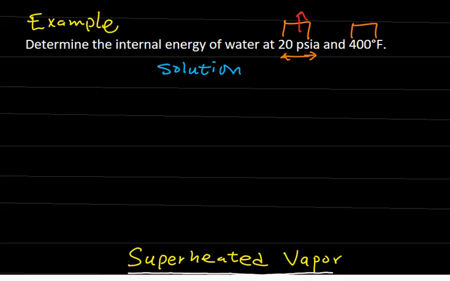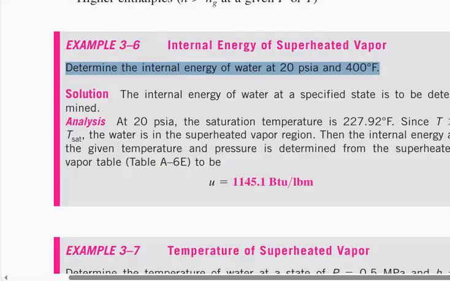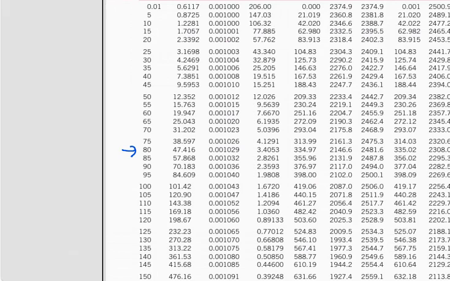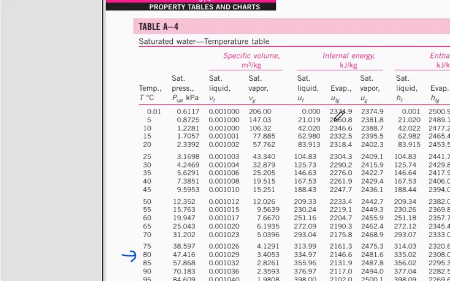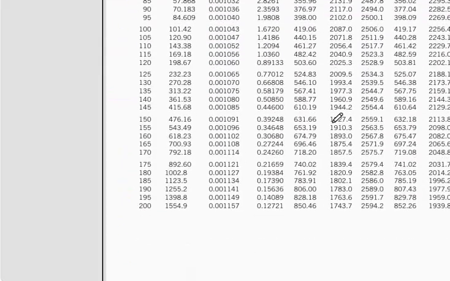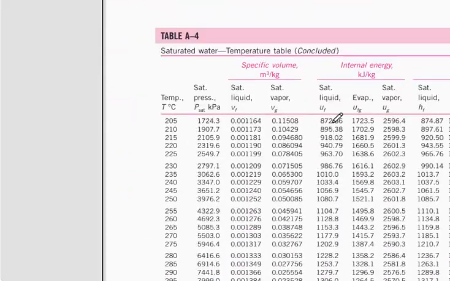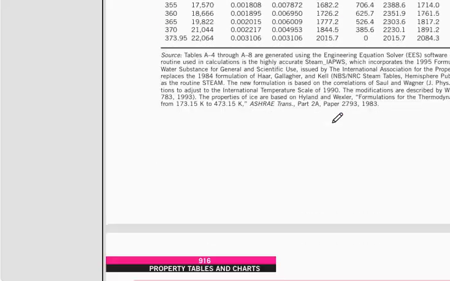I'm going to saturated water, then the pressure table.